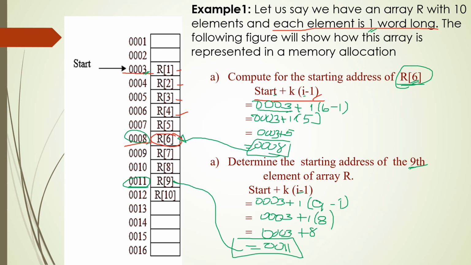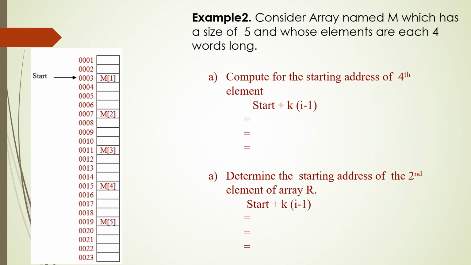So, madali lang kung 1 lang yung value ng k. What if the size of each element is more than that? Okay, more than 1. So, let us have this second example. Consider we have an array named M, whose size of each element is 4 words long. And the size of the array is 5.